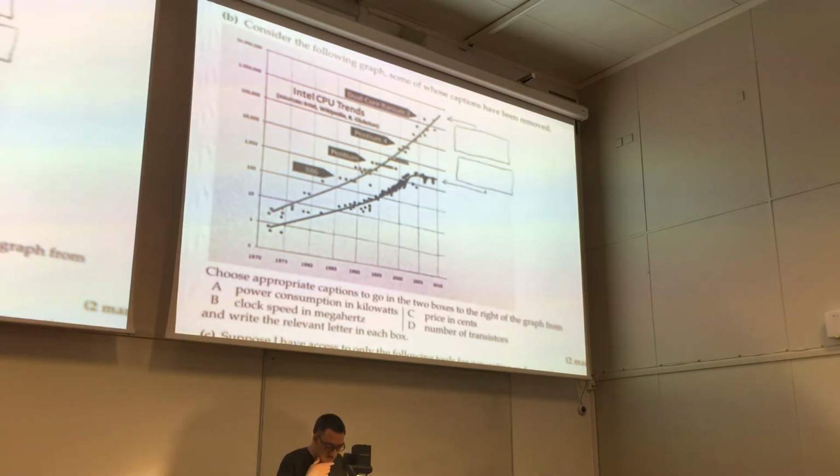So what do we think the upper curve is? Is it power consumption in kilowatts?